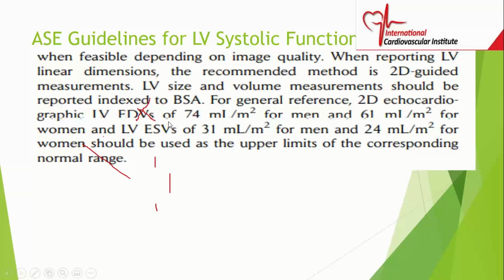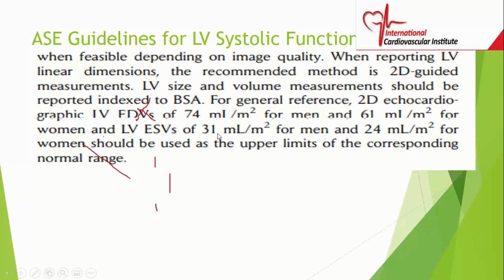And the end systolic volume for males is 31 mLs per meter squared, and for females about 24 mLs per meter squared. So they want you to index these things. This is what is recommended.